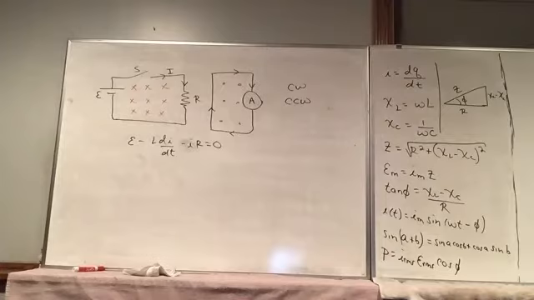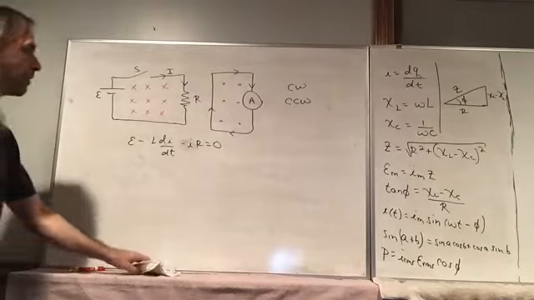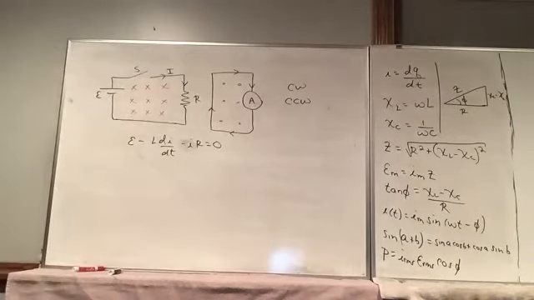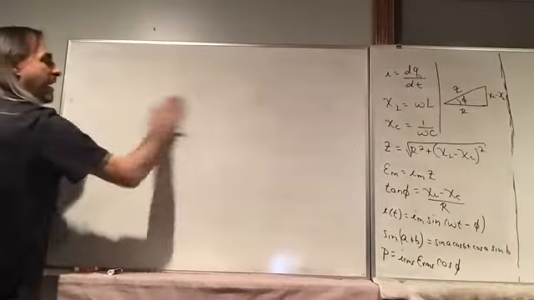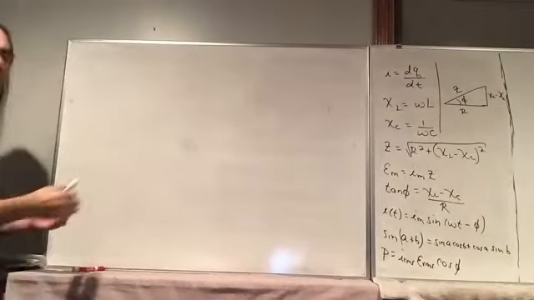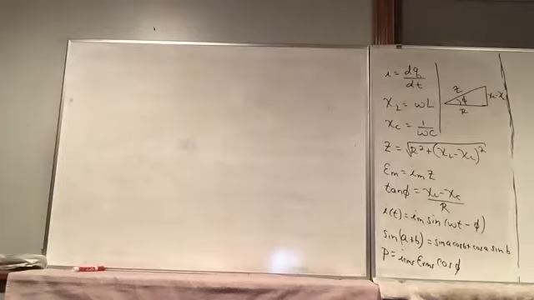Affecting a current in one will change the current in the other, or it'll create an EMF in the other loop. But again, the effect would be very, very small unless we kind of design it to be large. And the biggest factor though is how close they are to each other.